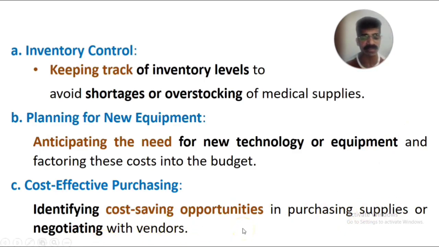So bargaining with the vendors or the shop owner in relation to the purchasing of various supplies and equipment to reduce the cost of the particular supplies and equipment comes under cost-effective purchasing. So these are the responsibilities in relation to supply and equipment management or control.